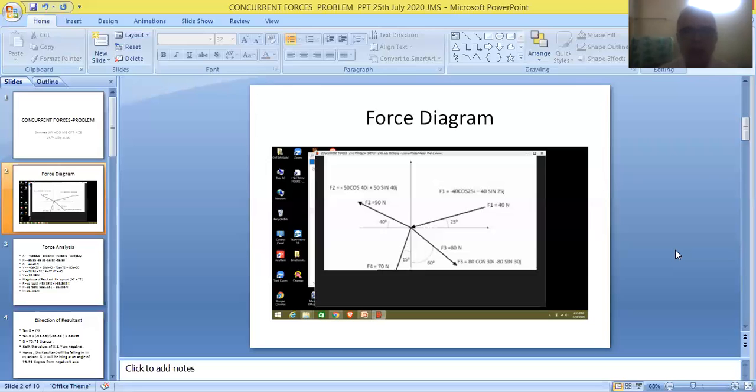So here in the problem, the first force is denoted by F1. You can see it in the first quadrant. So this is the first quadrant, here we have the second quadrant, this is the third quadrant, and finally this is the fourth quadrant.